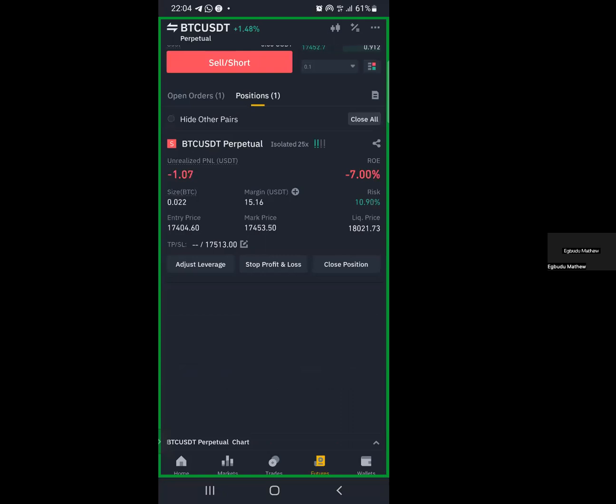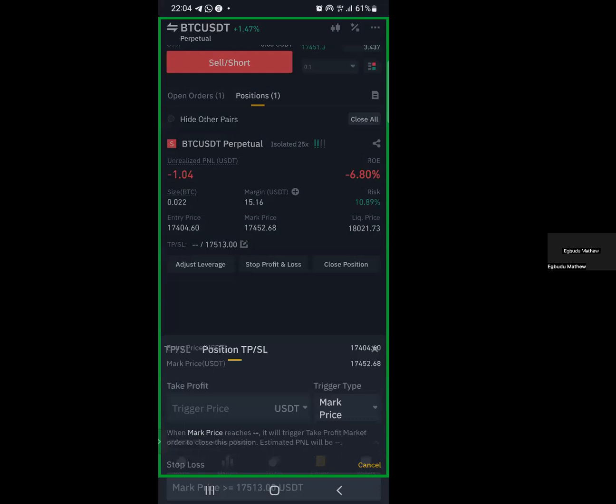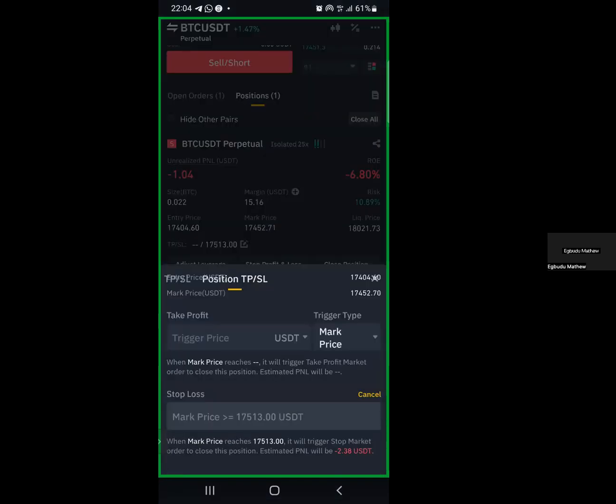Now, if you want to adjust your take profit and SL, all you need to do, you click on this box on top of the adjust leverage. It will now give you, okay, ahead. Thank God it has come up. Assuming your take profit is 16,000.